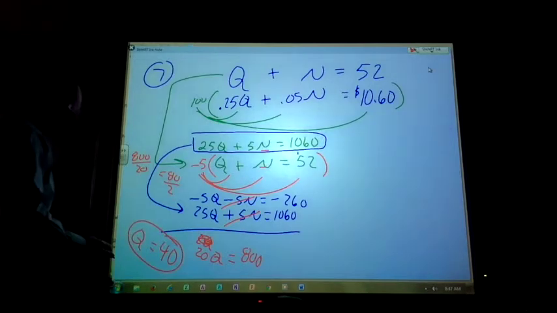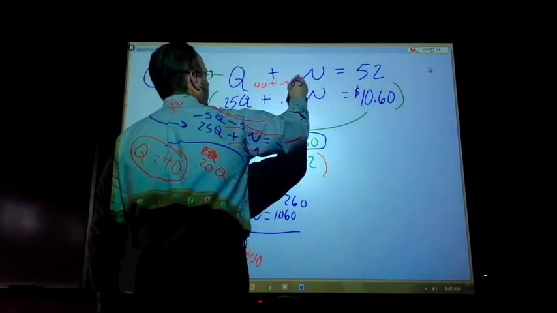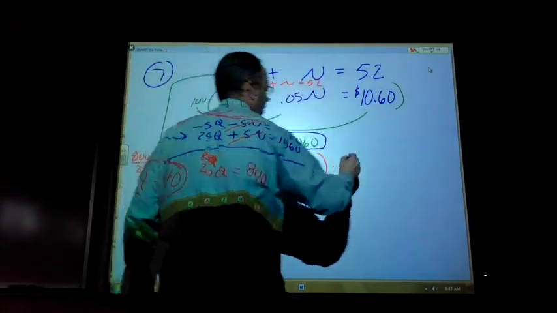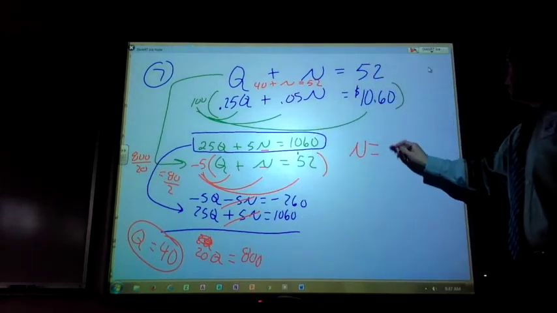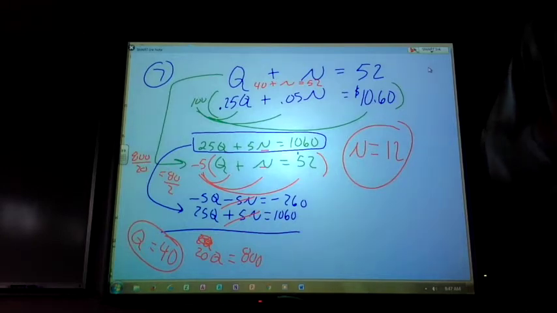So this waitress has 40 quarters. 40 quarters plus N equals 52, so how many nickels does she have? 12. This waitress has 40 quarters and 12 nickels, which gives you $10.60 and 52 total coins.